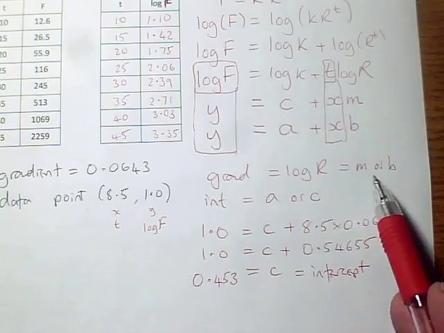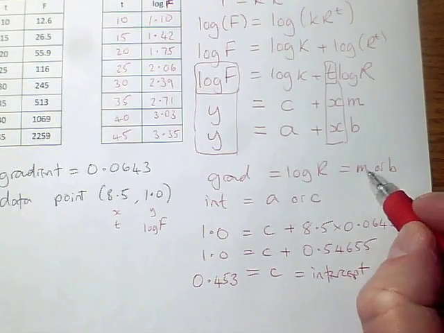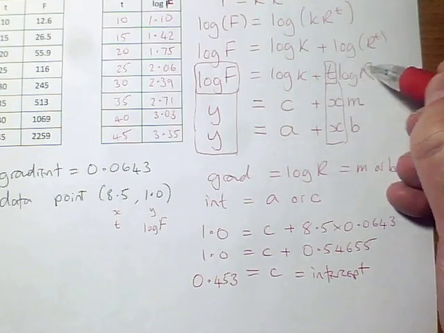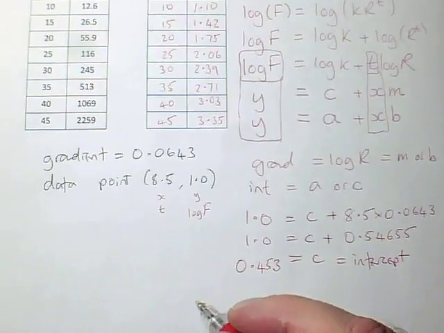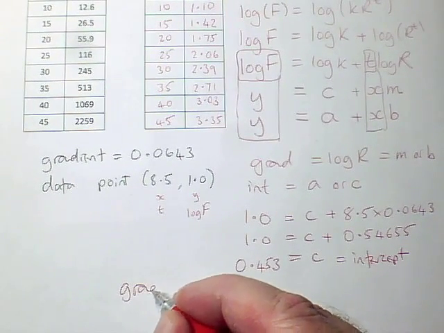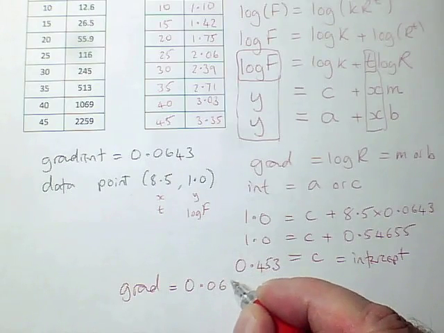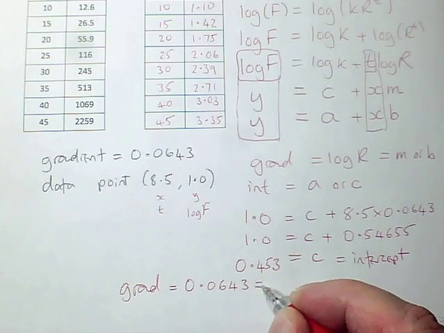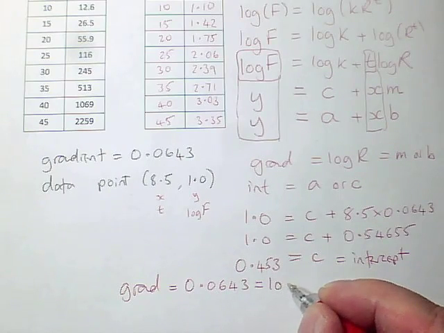M, the gradient, matches with log r. So I know that the gradient, 0.0643, matches log of r.